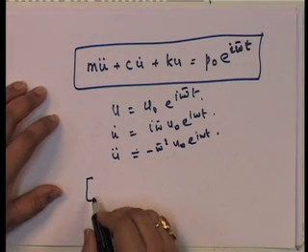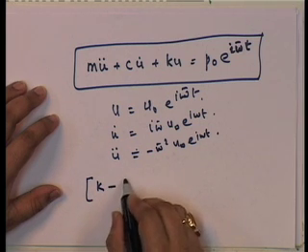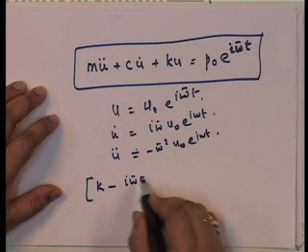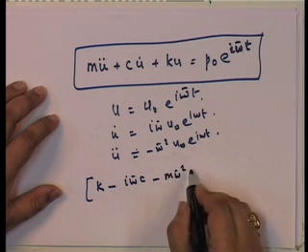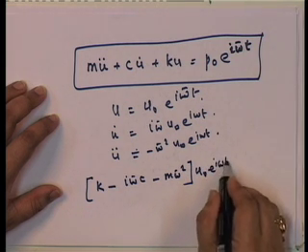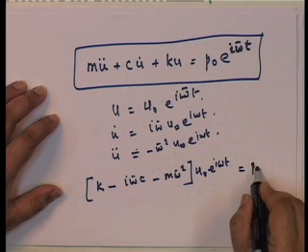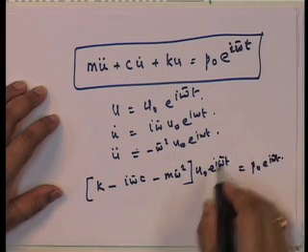I get k minus I omega bar c minus m omega bar squared, into u 0 e to the power of I omega bar t, is equal to p 0 e to the power of I omega bar t.